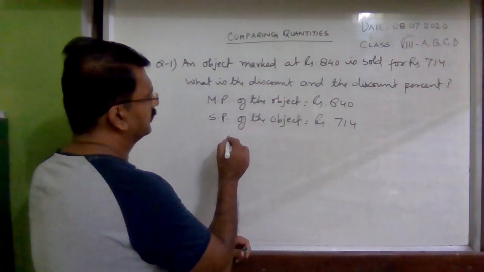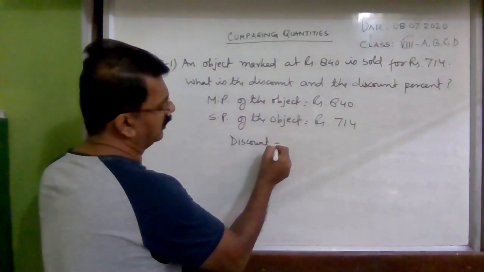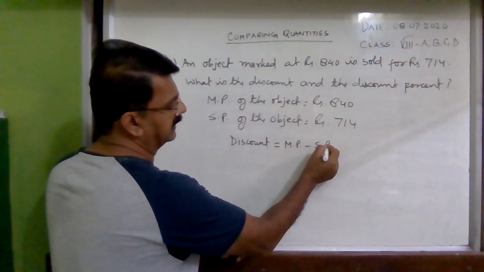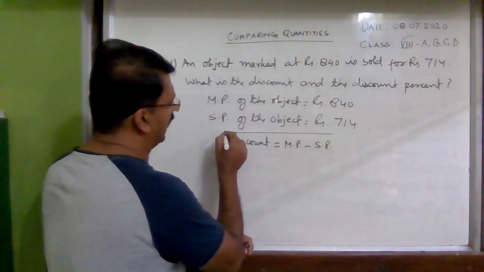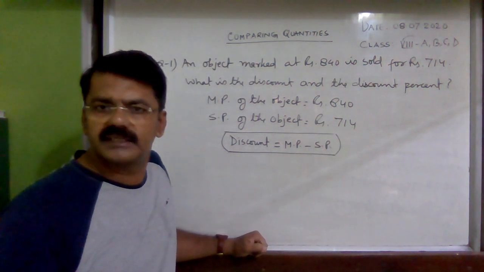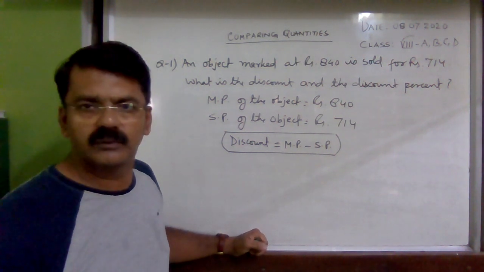Now you see, discount is always equal to marked price minus selling price. Whatever price is marked, from that marked price, when you subtract the discount, you will get the selling price. Similarly, from the marked price, if you subtract the selling price, you will get the discount.